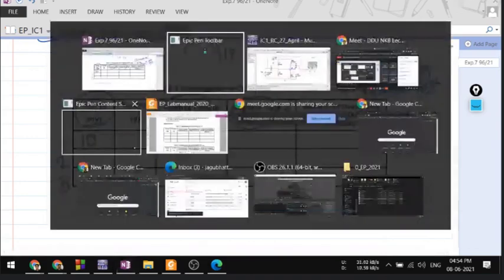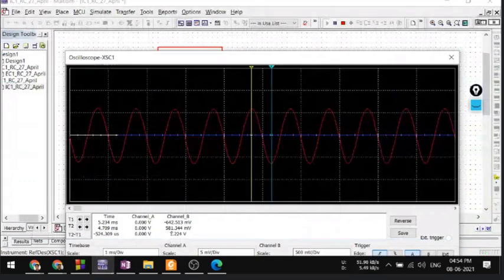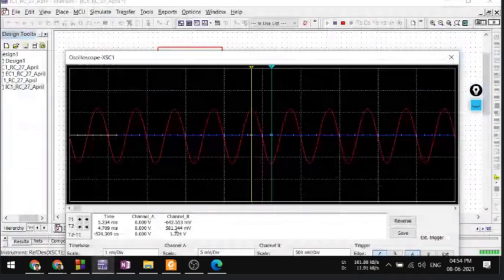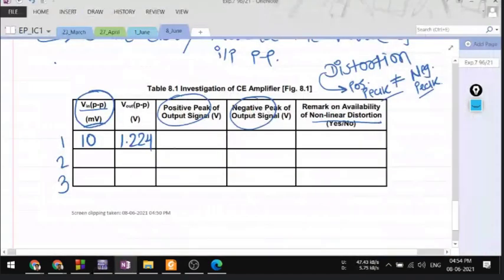So the output is how much? The output you got is 1.224 volt peak to peak, in which the positive peak is 581 millivolt, approximately 582 millivolt, right?